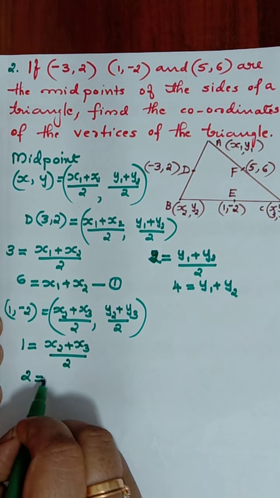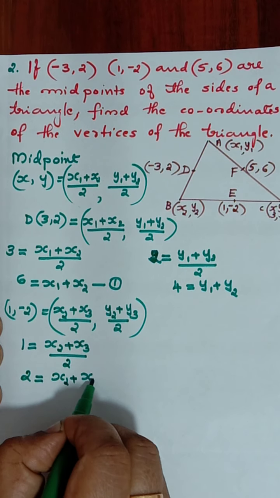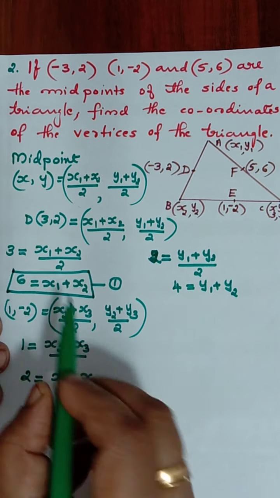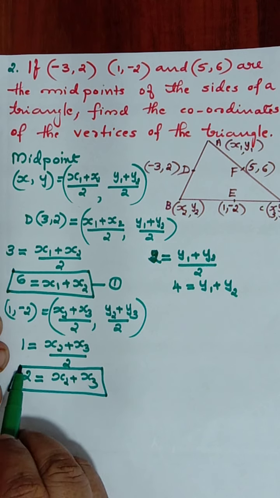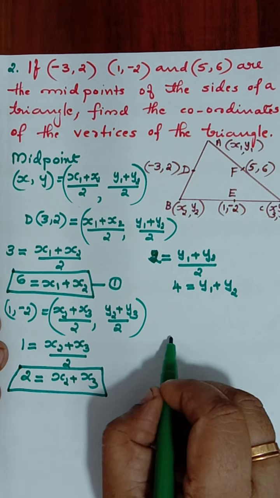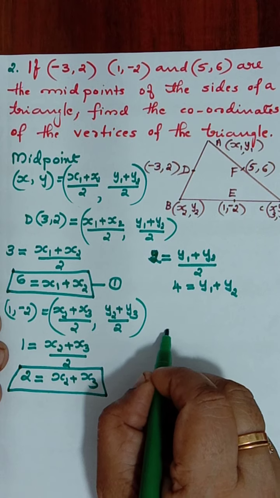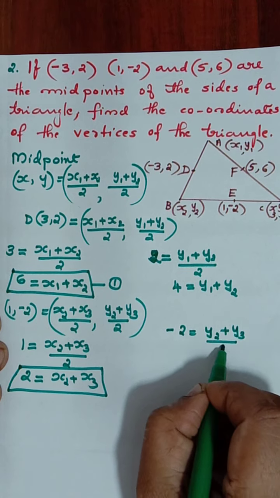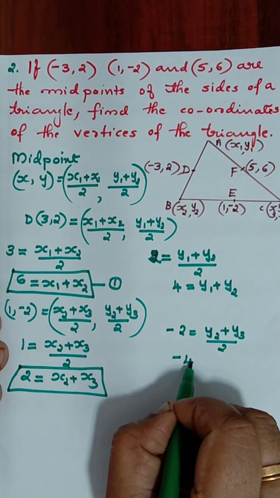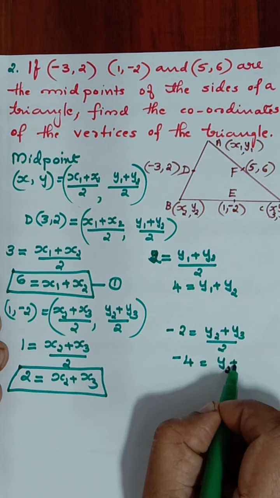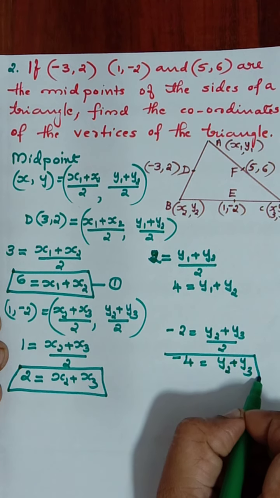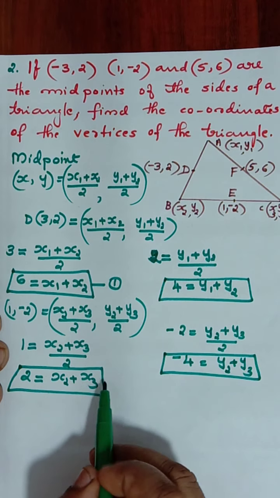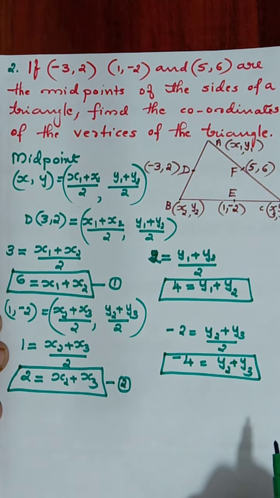Therefore 1 into 2, 2 is equal to x2 plus x3. This is equation number 2. In the same way for the y coordinate, negative 2 is equal to (y2 plus y3) by 2. Cross multiply, negative 4 is equal to y2 plus y3. This is the next equation.